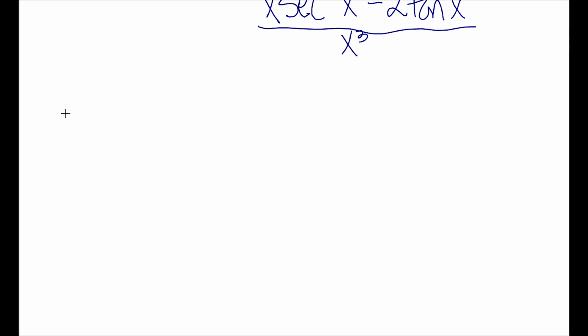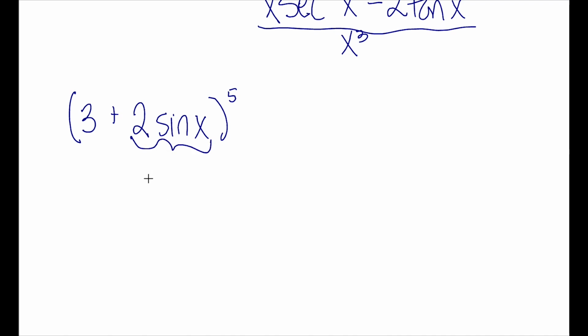And now we'll try one more with this. 3 plus 2 sine x to the 5th power. So remember, we have to multiply the front by the exponent and the derivative of the inside. Well, we know the derivative of 2 sine x is 2 cosine x.